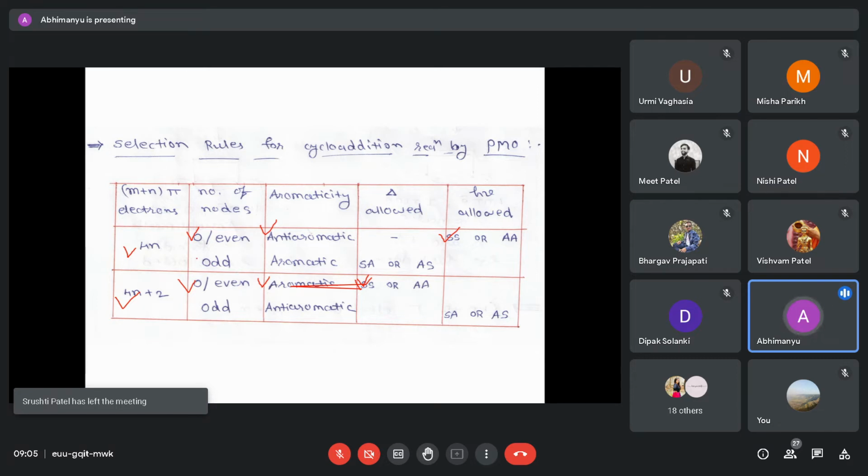Aromatic system is converted into anti-aromatic, and anti-aromatic system is converted into aromatic, and aromatic means thermally allowed. And 4n plus 2, if an odd number of nodes are there, then the system is converted into anti-aromatic, and anti-aromatic means what? Photochemically allowed.